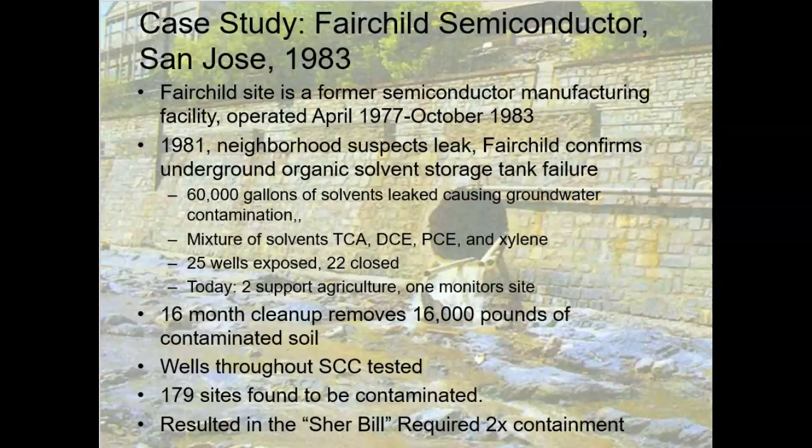So she wasn't sure that there were chemicals at the time, but then there was a test done of a well that was near Fairchild, just a few hundred feet away from Fairchild, and it was found to have high levels of TCA, TCE, PCE, and some other chemicals and xylene.